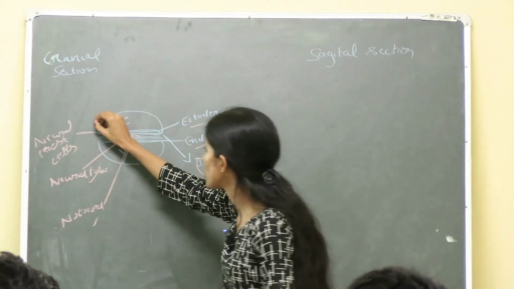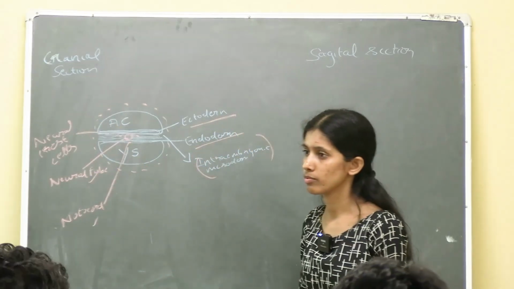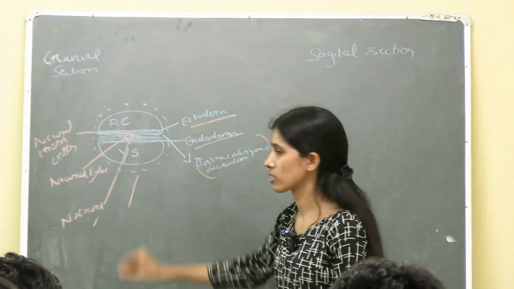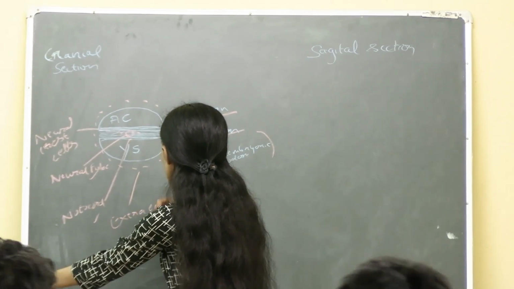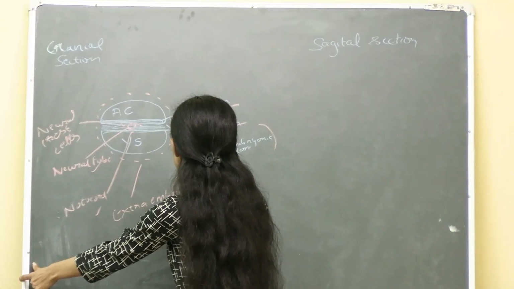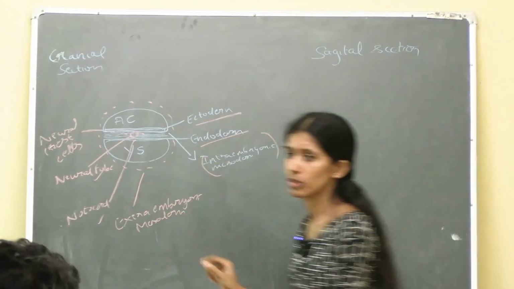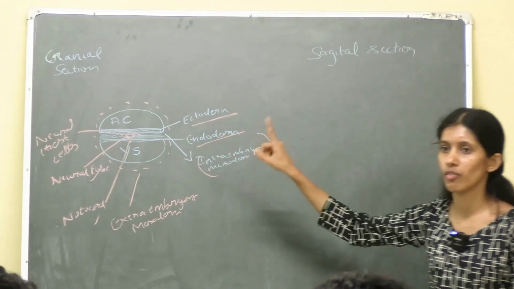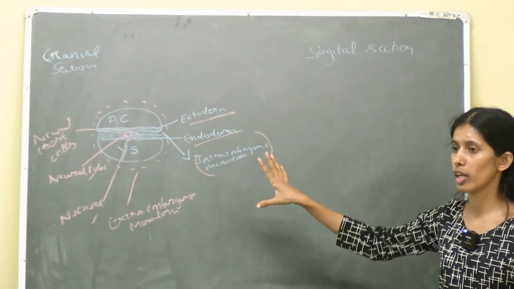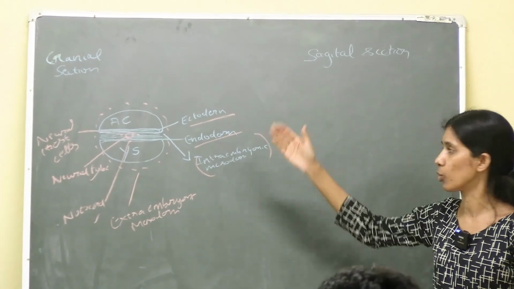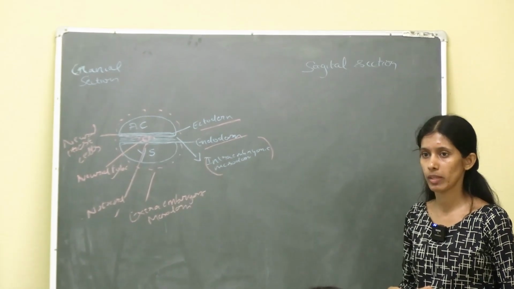Okay, and this whole structure is covered by extra-embryonic mesoderm. This is how your developing embryo looks when we see it from the cranial section.